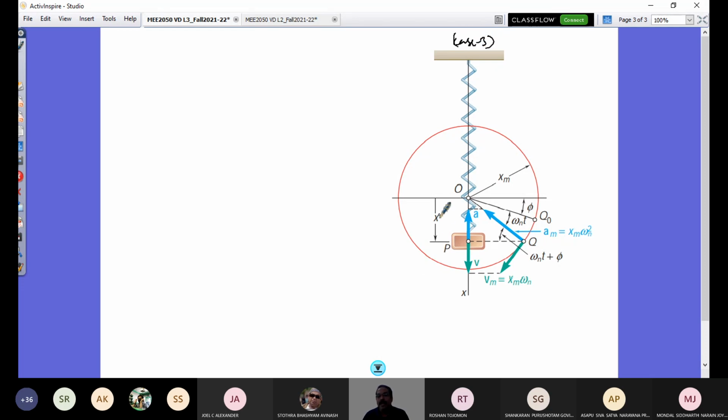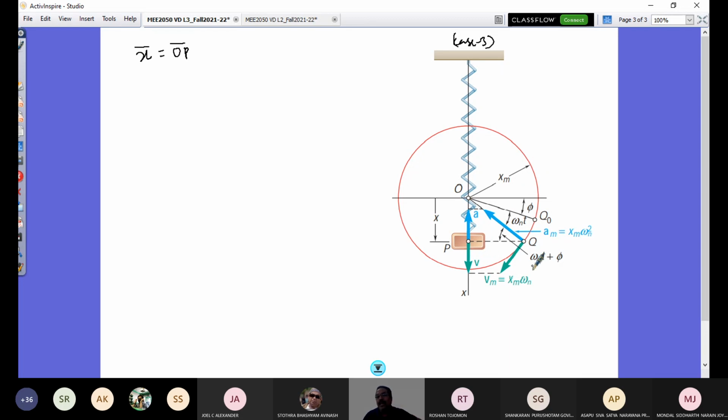You see, it is at some arbitrary distance x. At that time, I have my vector x given by the OP vector. So here the x vector is the OP vector, and that is what is varying.